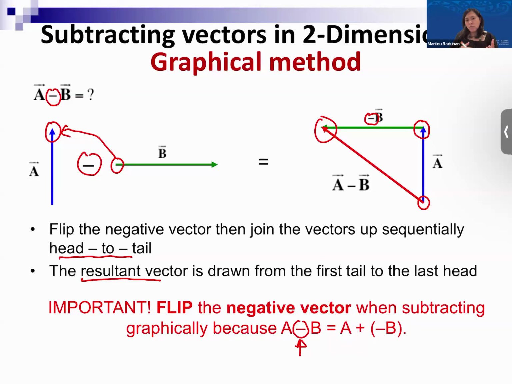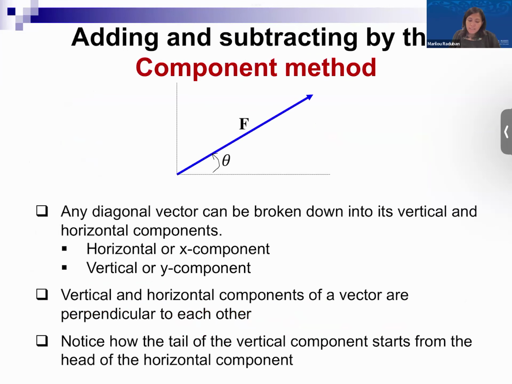So if you're dealing with more than two vectors, it becomes quite tedious. So the other method that you can use when adding and subtracting vectors is called the component method. So here now we'll learn how to use the component method to add or subtract vectors.